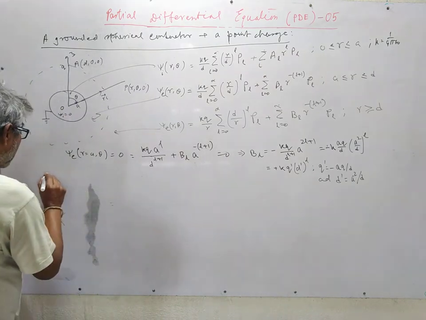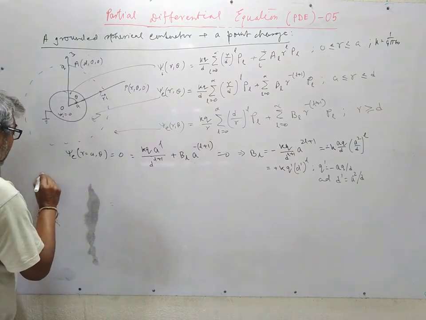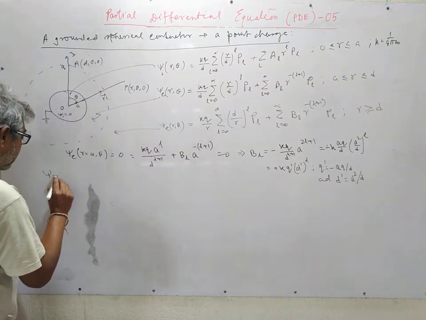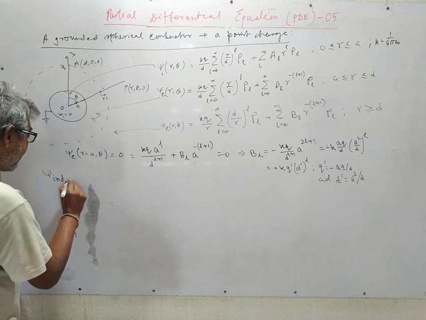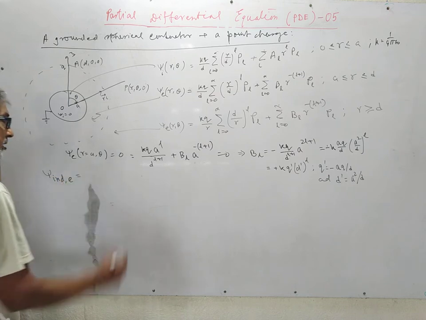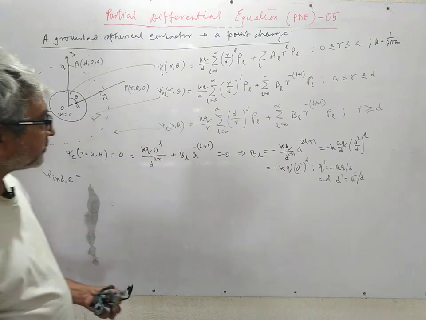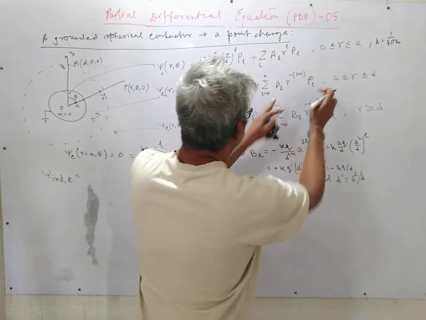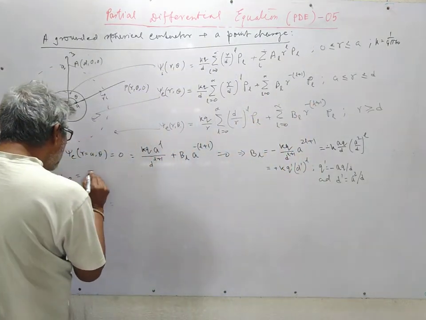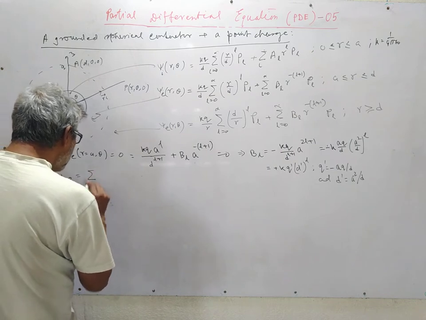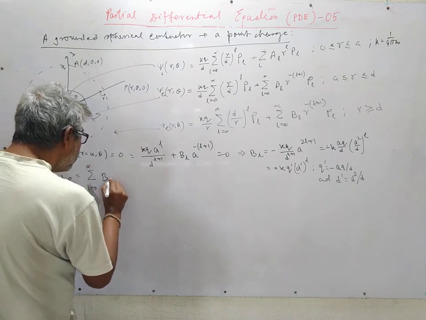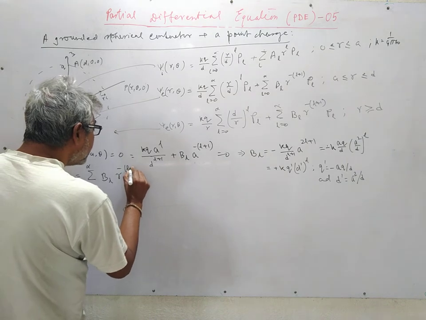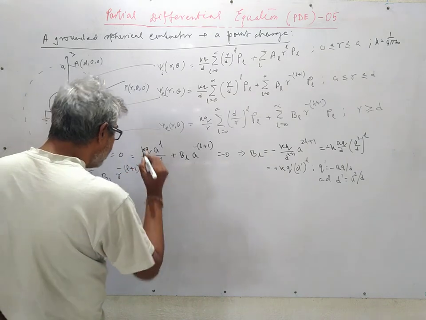So the potential at an external point, so far as the induced part is concerned, the induced part at the external point, that is this part, is summation over L equal to 0 to infinity BL r to the power minus (L plus 1) times PL.